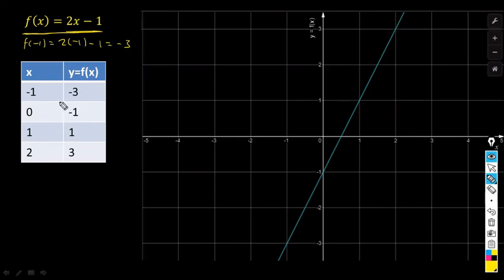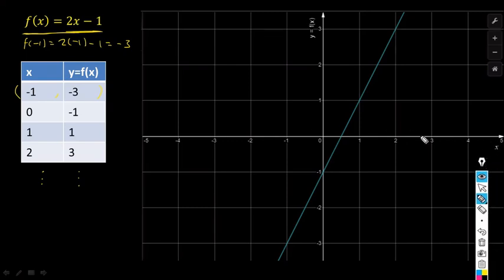Okay, so we have this table, and I could go on and on, and backwards also, and not just with integers, with decimals, with rationals, etc. Now what could happen if I take this pair of numbers, minus 1 comma minus 3, and I plot it in a Cartesian plane, in which this axis, as you know, is called the x-axis, and this axis is called the y-axis?